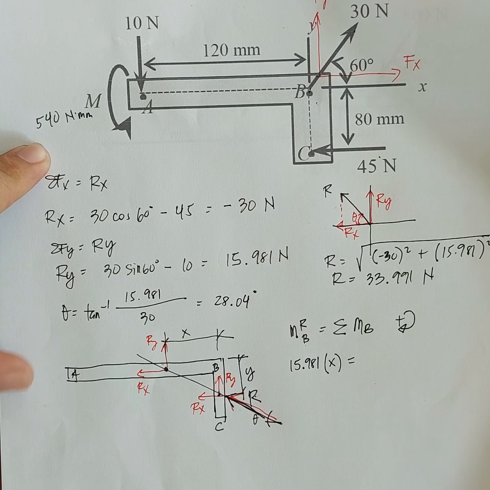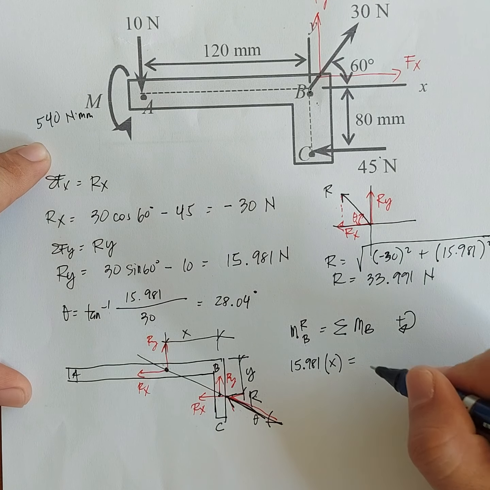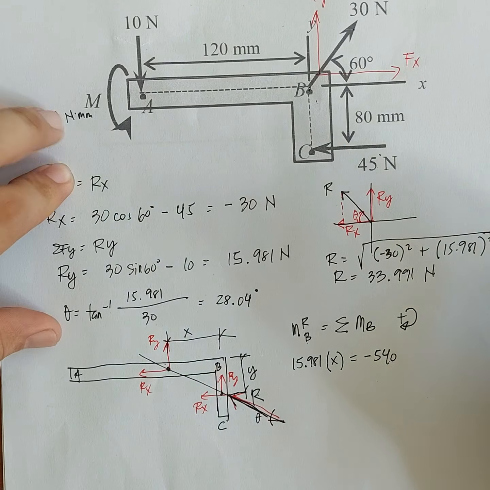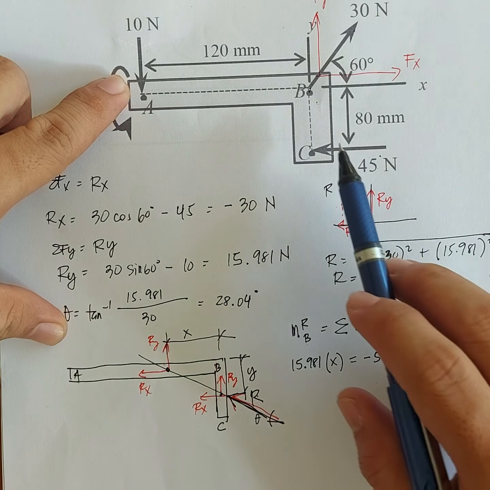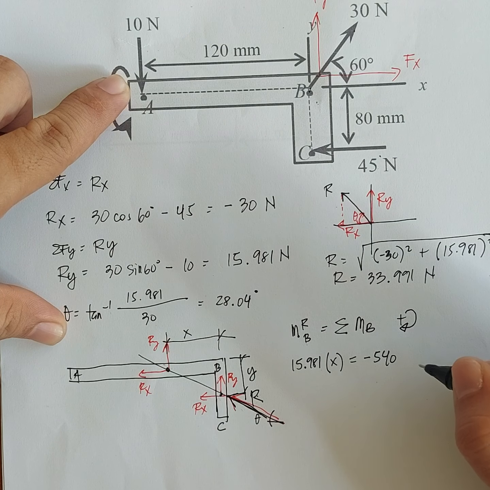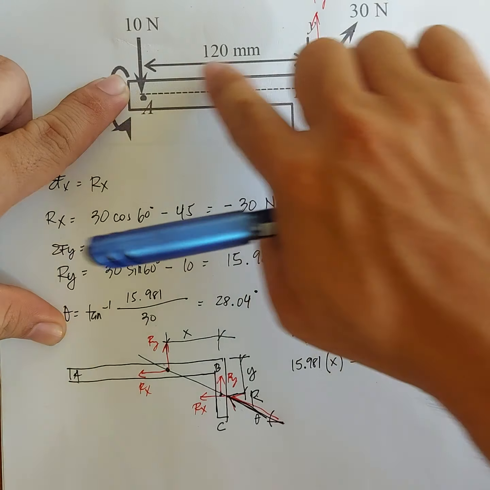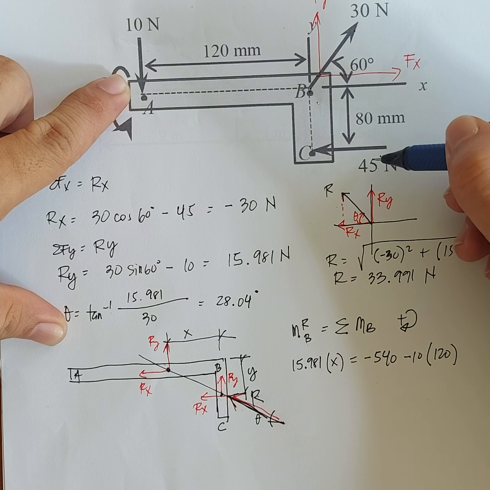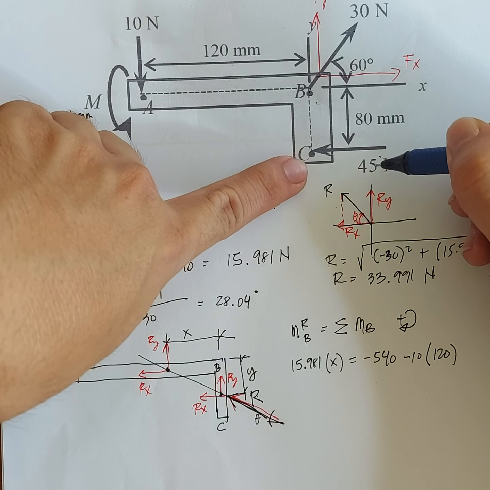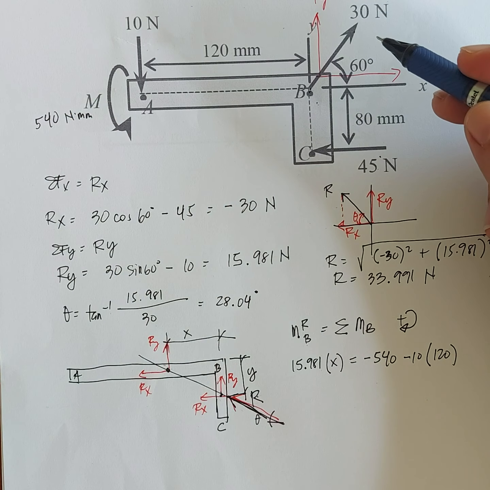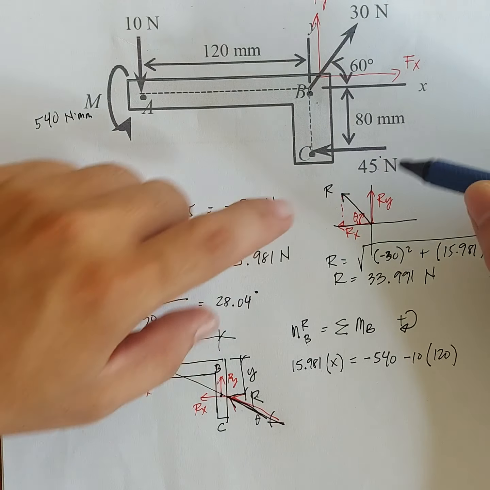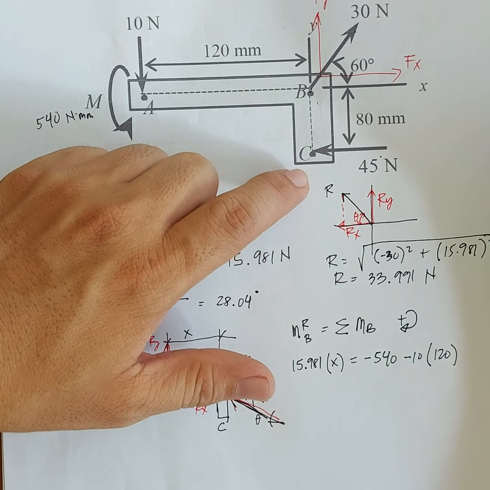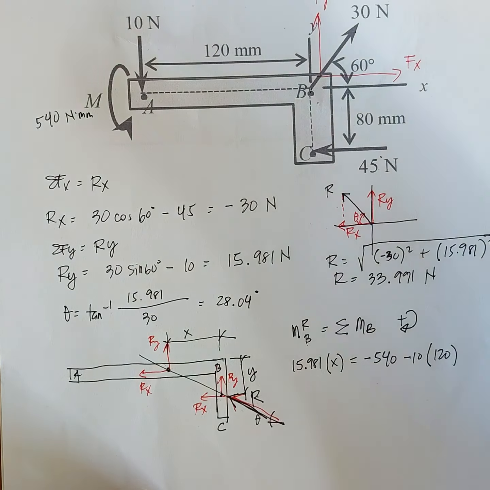So yung 540 newton millimeter na counterclockwise, so minus 540. Moment ng 10 newton force about point B, that is also counterclockwise, so minus 10 times 120 millimeters yung kanyang moment arm. Tapos yung 45 newtons. Again, the 30 newton force, walang moment at point B. Ito meron. So, clockwise yung kanyang rotation, so that is positive.